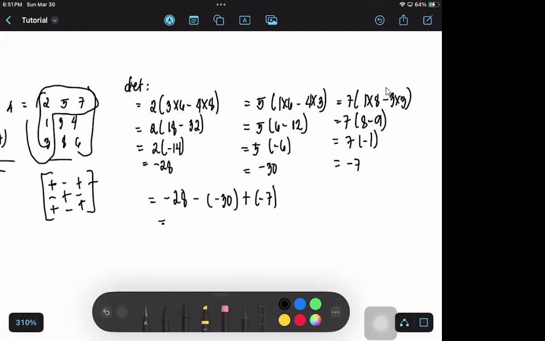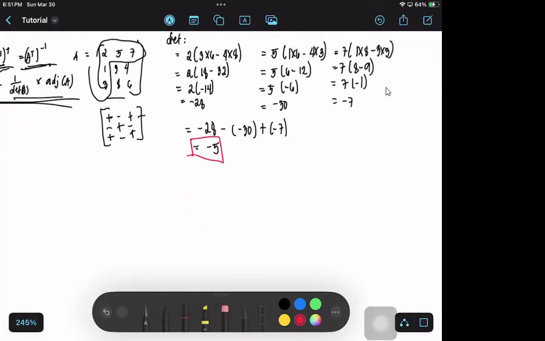Okay, negative 28 minus negative 30 will become plus 30, then plus negative 7 will become minus 7. So it will become negative 5. So your determinant right now will be negative 5 for this one.